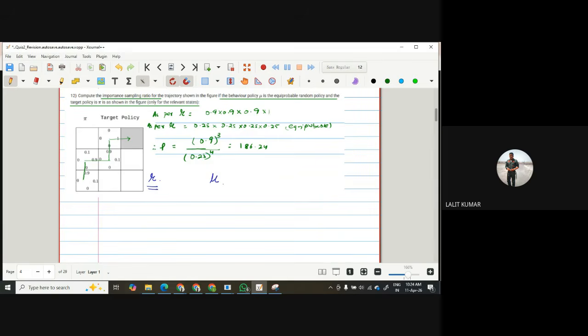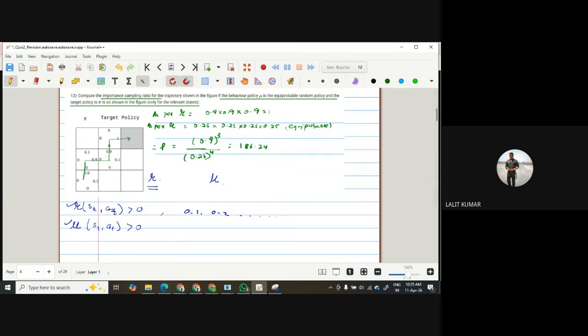So remember here, I will cover some concepts which will help you in some other questions which have been asked in the PYQs. If pi for any action A_t at S_t is greater than 0, for example, they can give any value 0.1, 0.2, 0.3, anything. And remember, pi is nothing but a probability. Then mu, that is the behavior for S_t and A_t, will always be greater than 0.